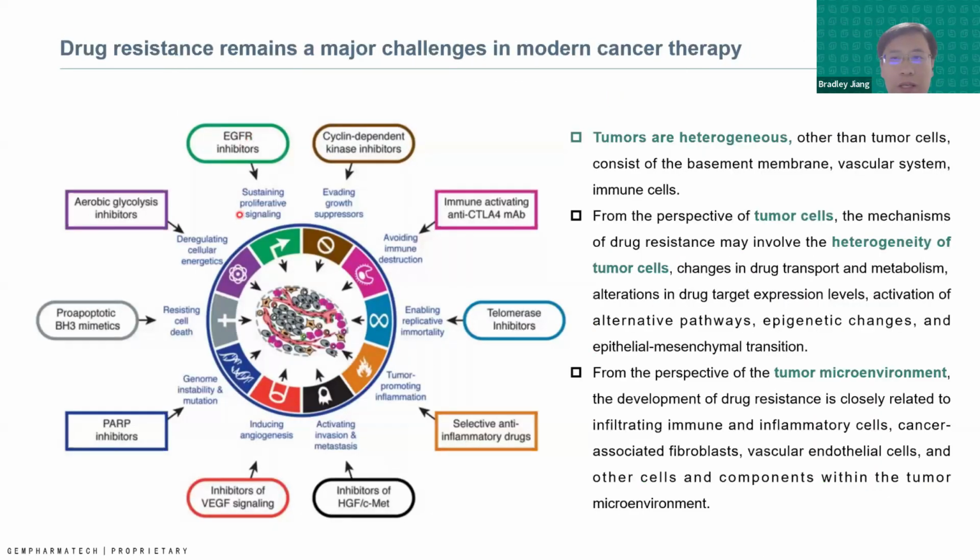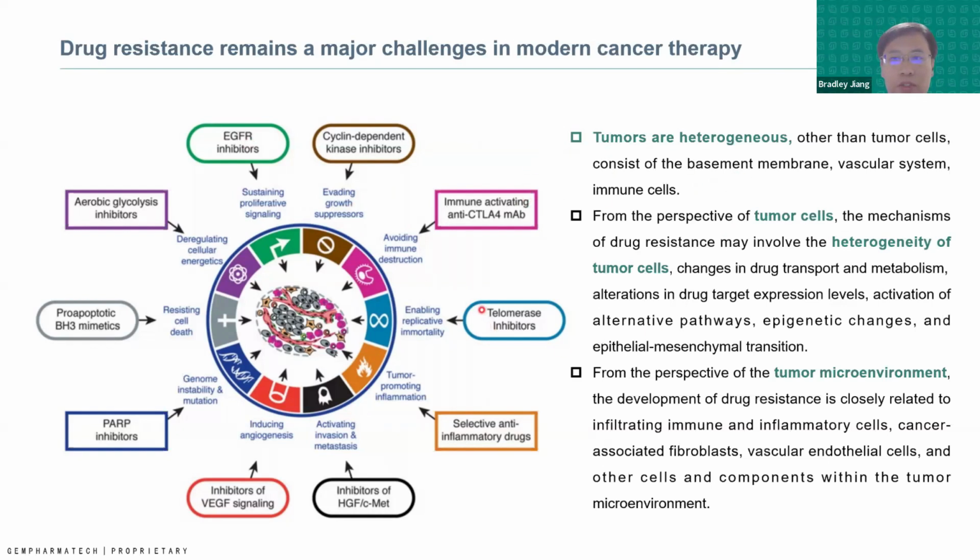However, due to the complex biological characteristics of tumors, as different therapeutic approaches move forward, tumors become resistant to these treatments. From the source of the resistance, causes can be divided into intrinsic causes, the tumor cell itself, and extrinsic parts, including the basement membrane, vascular system, and immune cells.